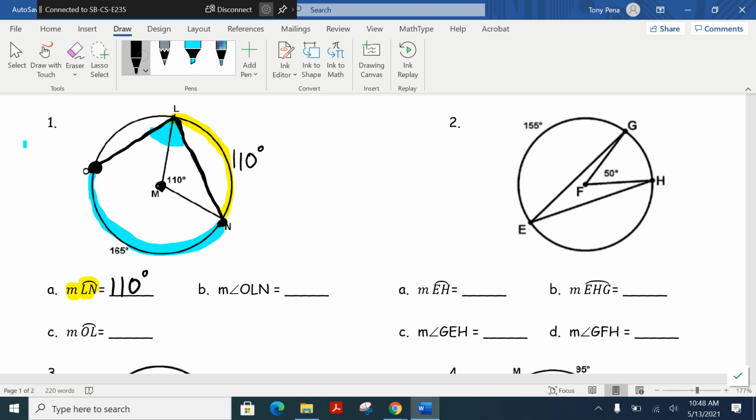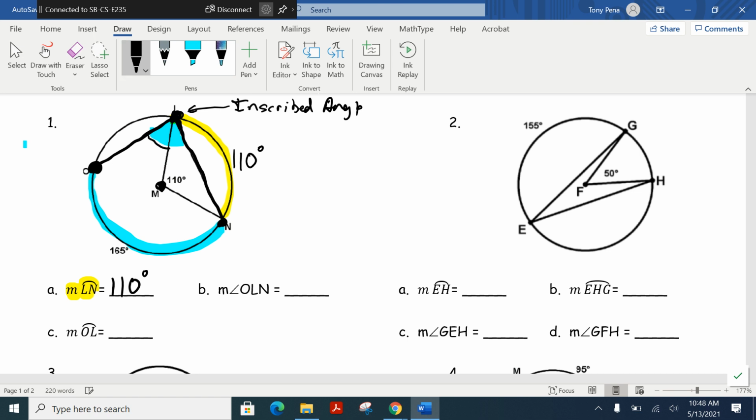What we talked about yesterday, central angles have the same degree measure. So that was the first one. If this is 110, this had to be 110. This is called an inscribed angle, is what we called it with definitions, because it's on top of the circle.